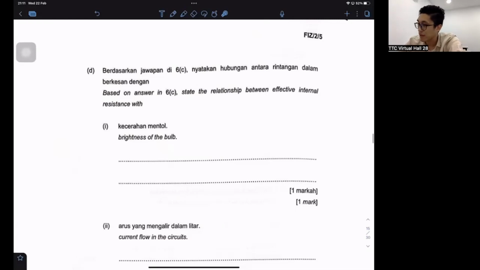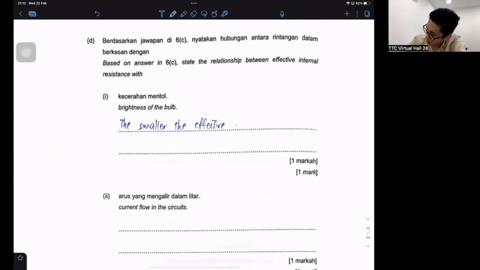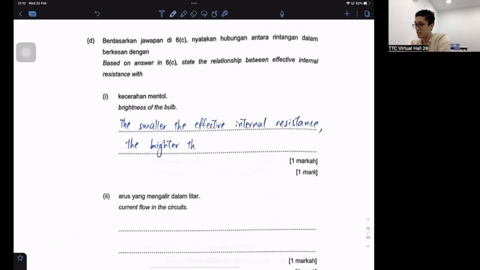Or you can write it the other way around: the lesser internal resistance you have, the brighter you are. So you say the smaller the effective internal resistance, the brighter the bulb.